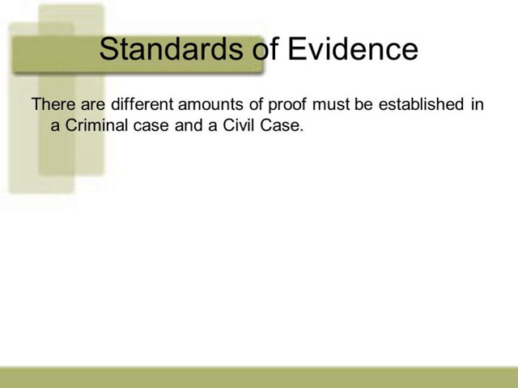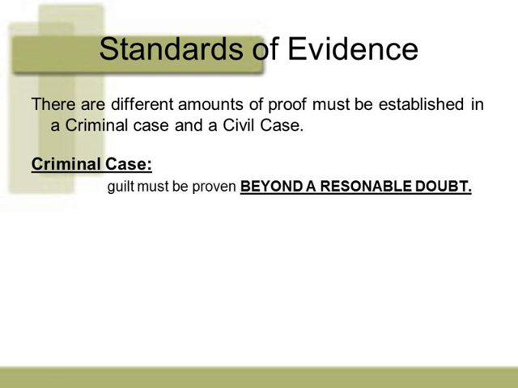And those standards of evidence: in a criminal case, guilt must be proven beyond a reasonable doubt. And if we were going to be using mathematical equations or percentages here, in a criminal case, you have to prove with almost complete certainty that I committed the crime. I would say 98.9 or 99% sure that I committed the crime.